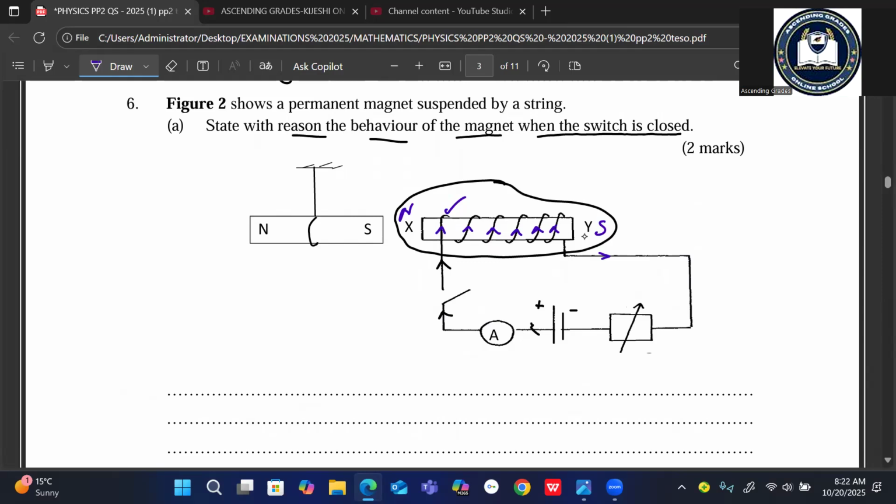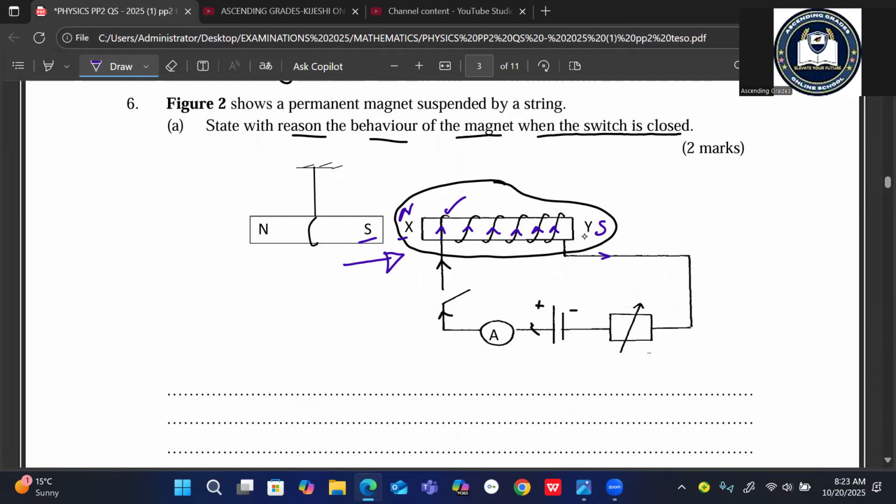So from the law of magnetism, like poles repel and unlike poles attract. So this is south, north, and unlike poles. So we expect these permanent magnets to move towards these electromagnets.